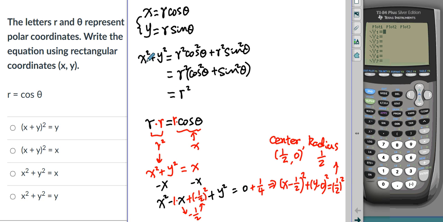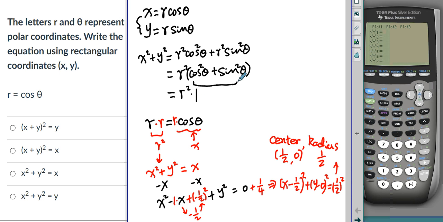That's easy because x squared is r squared cosine squared theta. y squared is r squared sine squared theta. If we pull r squared out, we then have cosine squared theta plus sine squared theta, and those two together are 1.